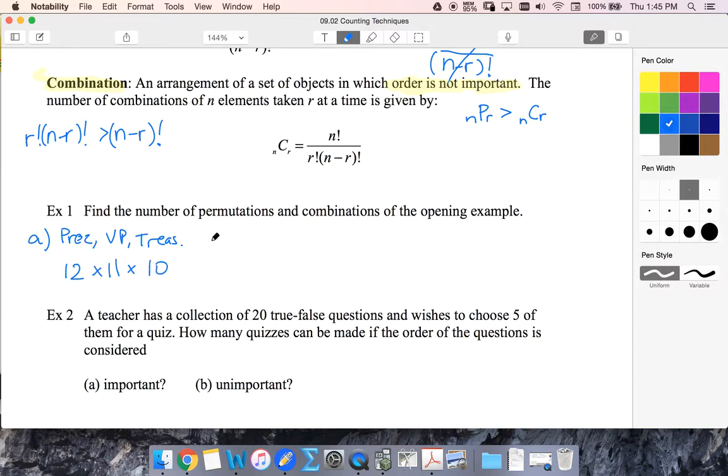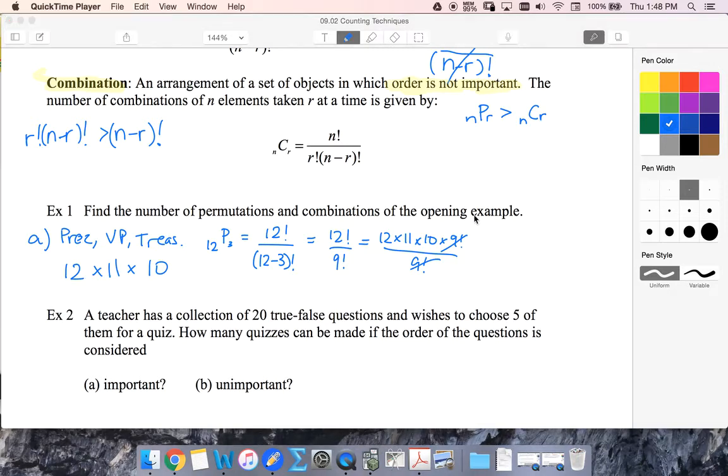Well, this is saying that we had 12 pick 3. So that's the same as 12 factorial over 12 minus 3 factorial, 12 factorial over 9 factorial, 12 times 11 times 10 times 9 factorial over 9 factorial, cancels, and we get the same thing as we got with our logic when we count.